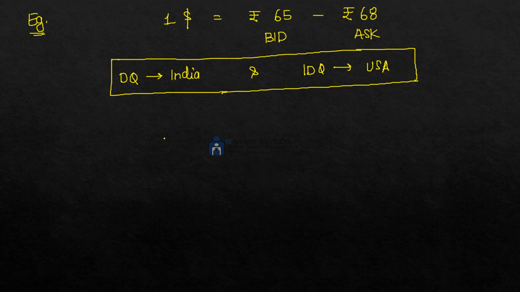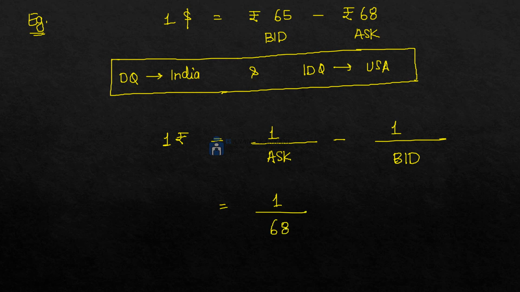So here, if I have to calculate the indirect quote for India or direct quote for USA, I would write 1 rupee is equal to 1 upon ask, and here it will be 1 upon bid. So in this case, I'll write 1 upon 68, and here it will be 1 divided by 65.